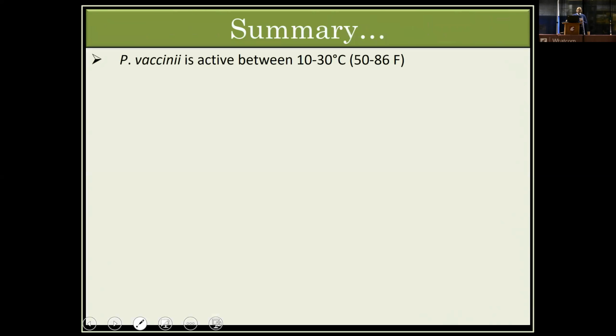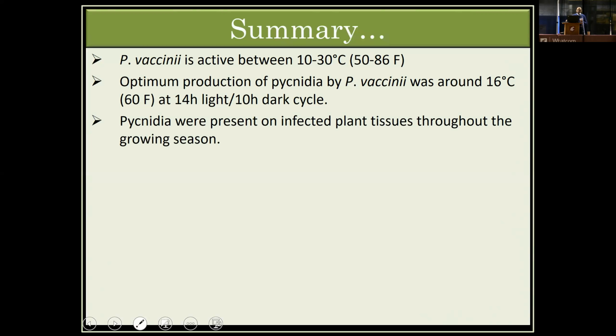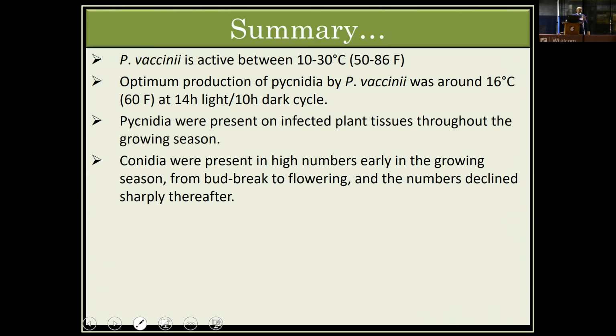So in summary, I can say the pathogen is very active at 10 to 30 degrees centigrade, which is about 50 to 86 Fahrenheit. The optimum production of Pycnidia by this pathogen was around 16, that is 60 Fahrenheit, with a 10-hour dark and 14-hour light period. The Pycnidia are present on infected plant tissues throughout the growing season, but that doesn't mean that they have spores that are actively sporulating and releasing spores.